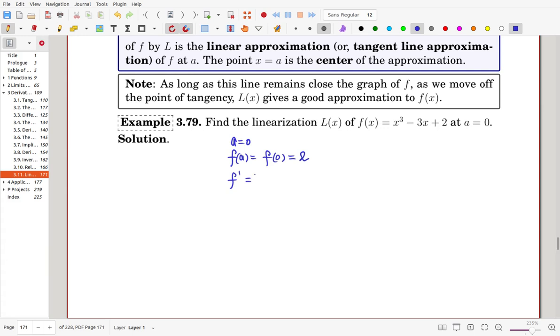First, f prime is 3x squared minus 3. So f prime at a = 0 is minus 3. So we have everything to get the linearization: f(0) is 2, the slope is minus 3, and x minus 0. So that's the linearization. You can simplify it yourself.